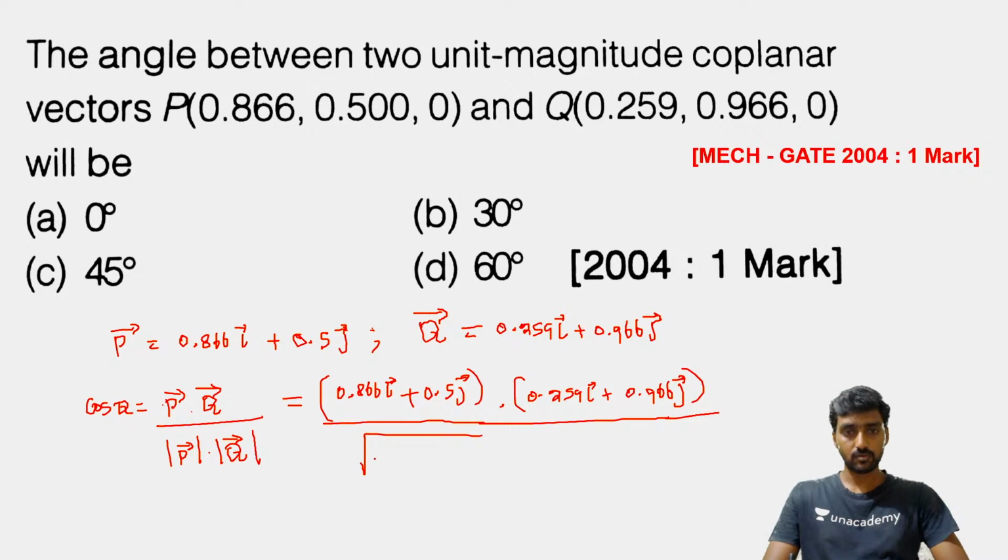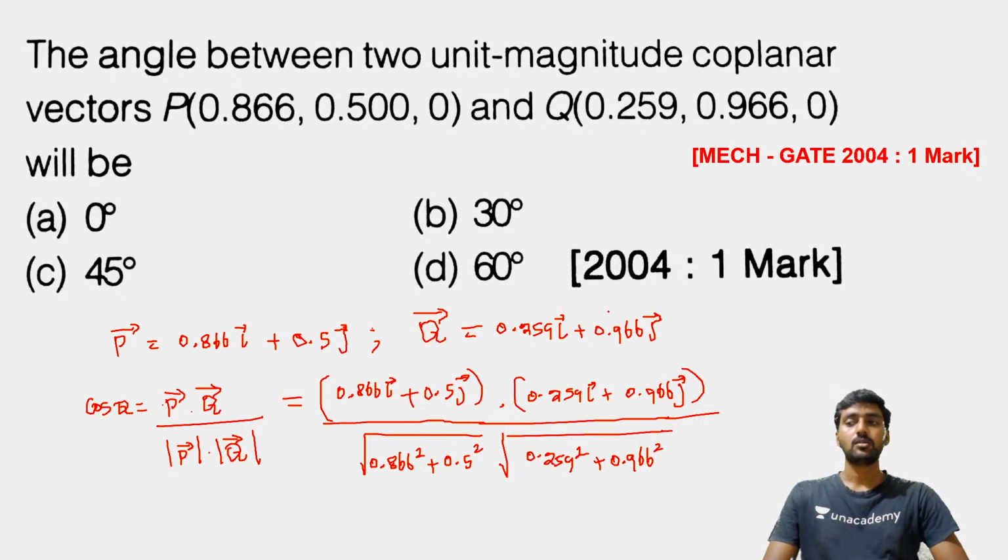root of 0.866 the whole square plus 0.5 the whole square, into root of 0.259 the whole square plus 0.966 the whole square. Now multiply it.